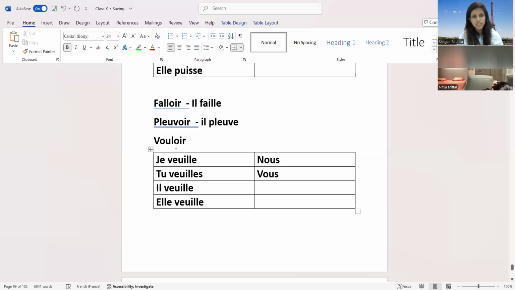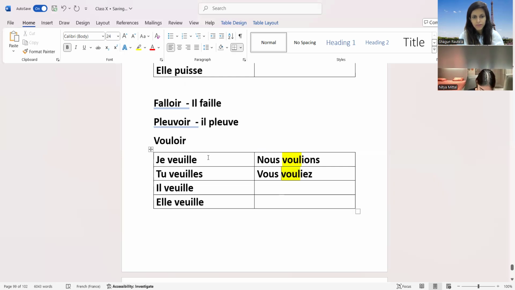So in the spelling of the verb, it's vouloir. So nous and vous would be voulions. Starting will be from the spelling of the verb, and then voulions, vouliez. Okay? Here, nous and vous starting, we are taking voul. Okay. I'll highlight it so that you can just see.